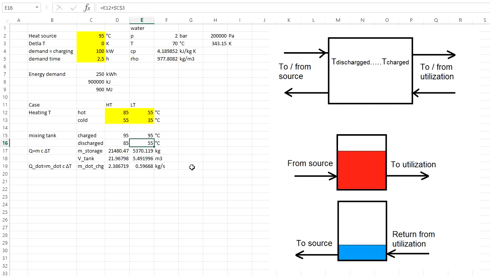Here during charging, let's say when it goes to temperature 70, again for the same load, same power, 100 kilowatts, the mass flow rate would need to get higher. But it's not that high as in the first case.